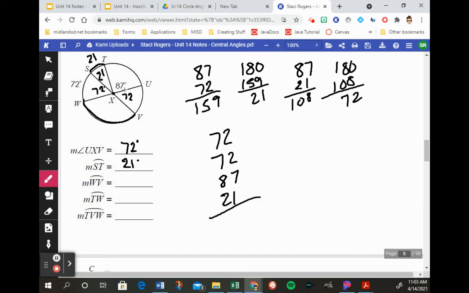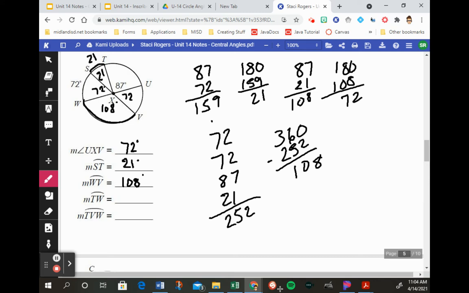That's 252. 360 minus 252. That's an 8. No, I'm sorry. Yeah, 8, 0, 1. 108. So this is 108 degrees. So WV is 108 degrees.